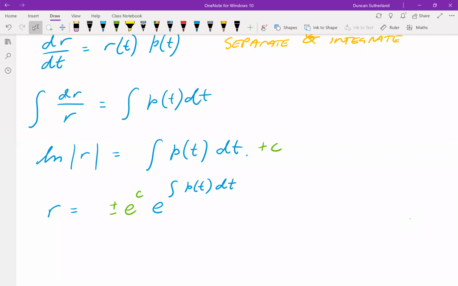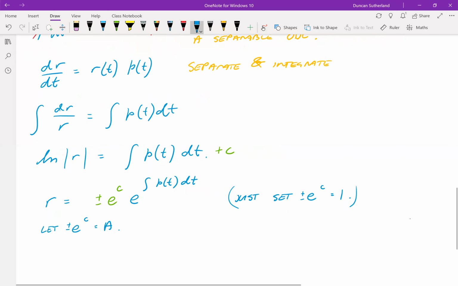Now I'm going to claim A equals 1, but we'll see why we can do that later. We'll write A for now.